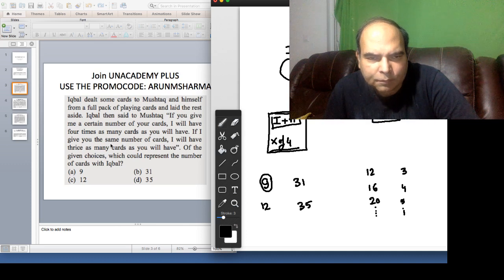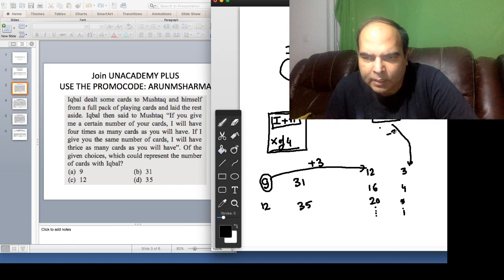And what this says is, if I give you the same number of cards, I will have thrice as many cards as you will have. So from 9, if I am still checking with 9, to get to 12, the value of n should be 3. Which means that from 6 to get to 3 after subtracting 3, you need to have 6.